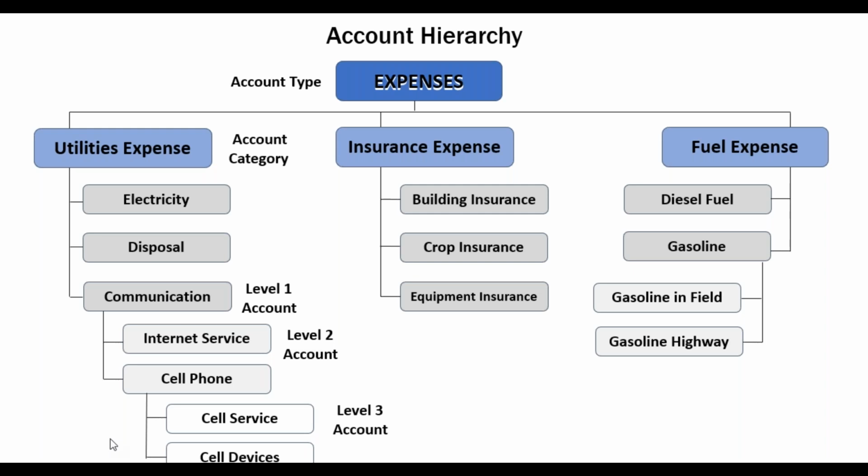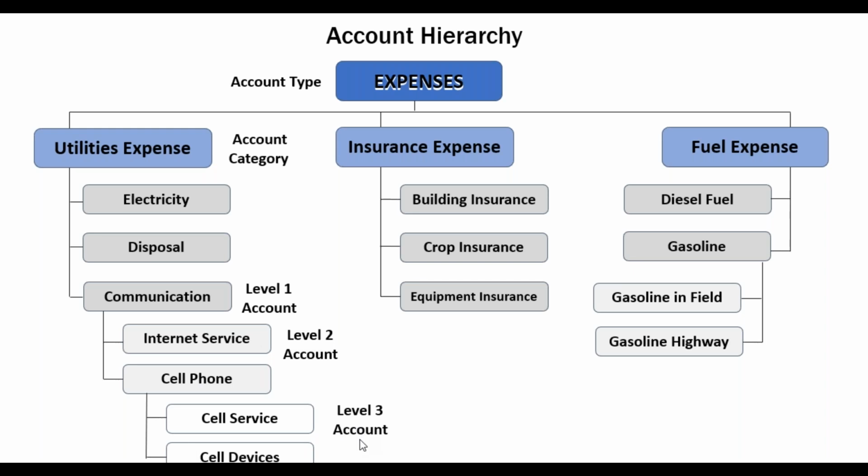So we have a couple of different levels being used. We have internet service as a level 2 account and cell phone as a level 2 account. And then on the cell phone, they want even a little bit more breakdown on whether the cost was for cell service or cell devices, and those are level 3 accounts.